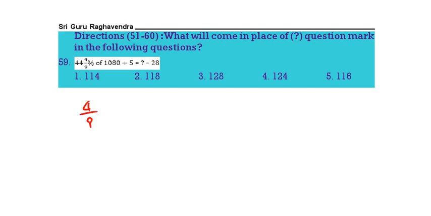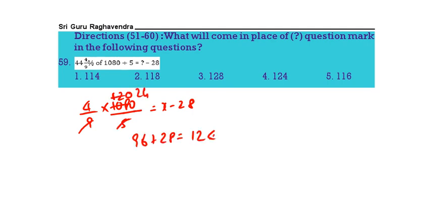4 by 9 of 1080 divided by 5 is equal to x minus 28. See this calculation. 9 1s, 9 2s, 5 1s, 524. So 96 plus 28, 124. 4 is the correct answer.